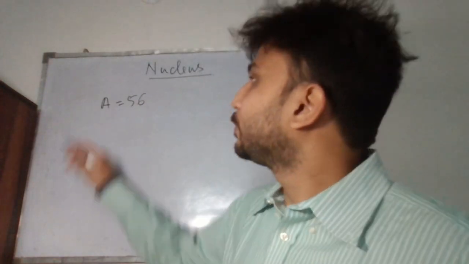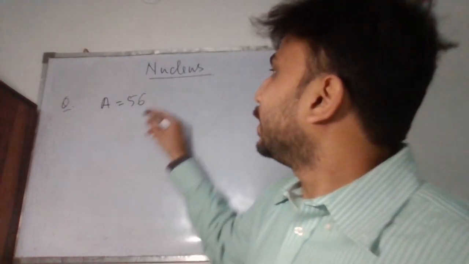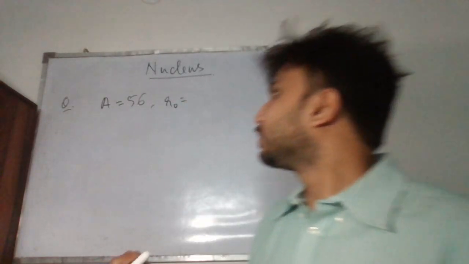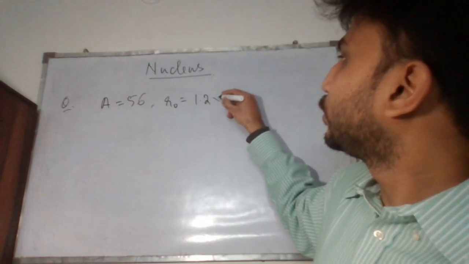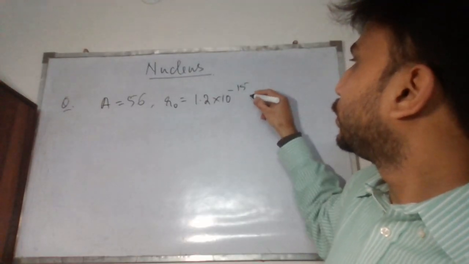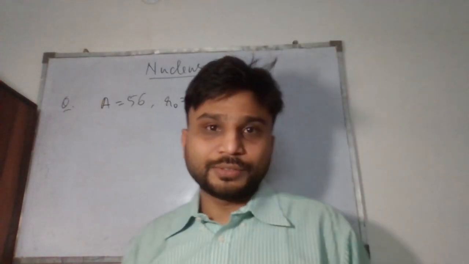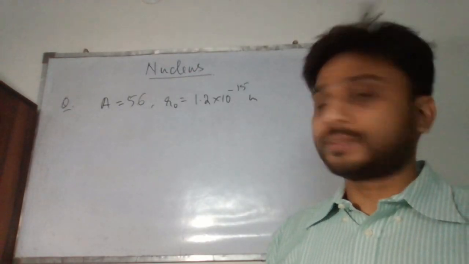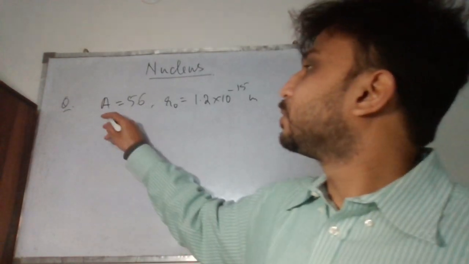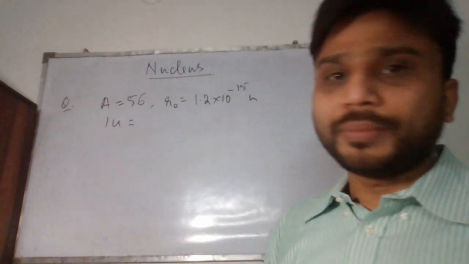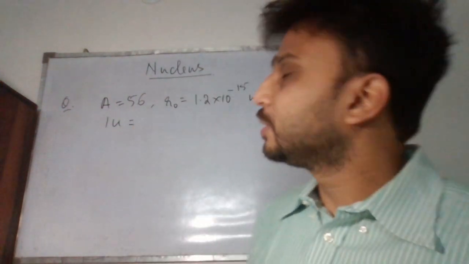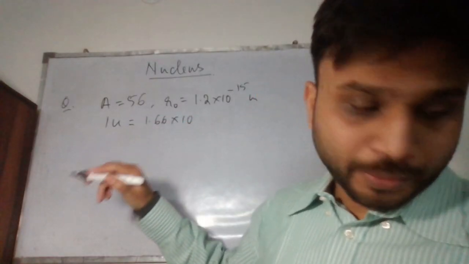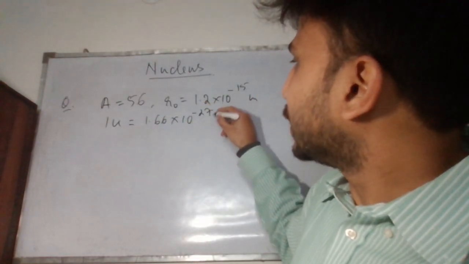Our question is, if R naught is given as 1.2 into 10 to the power minus 15 meters and the atomic mass unit is given as 1.66 into 10 to the power minus 27 kg.